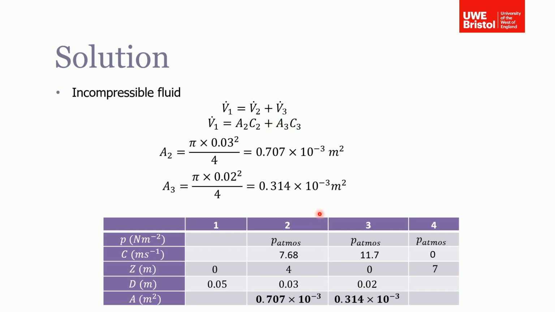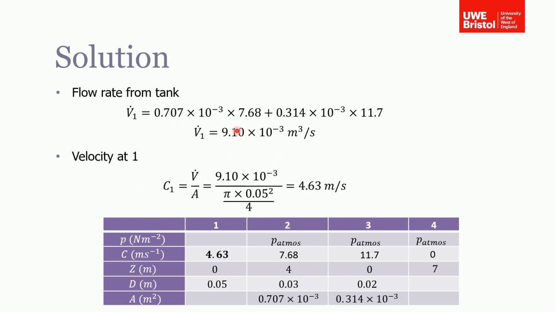At this time we don't know the areas, but we do know the diameters of the pipes, so we can work out area 2 and area 3 and put that into the table. Then we can work out Q1 from the velocity times the area, summed for these two, and if we do that, we should get an answer of 9.1 times 10 to the minus 3 meters cubed per second. So that's one of the things we were asked for, the volume flow rate in the pipe.